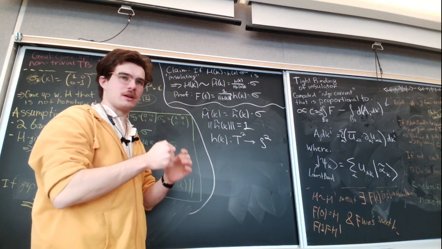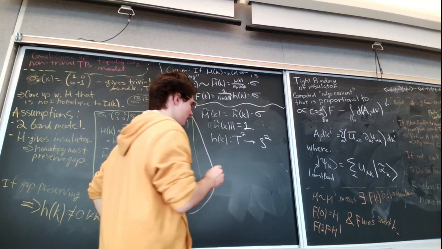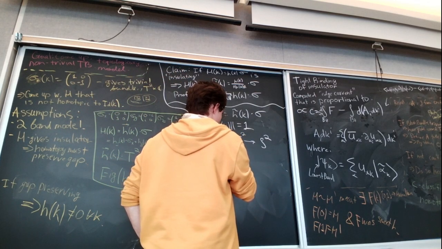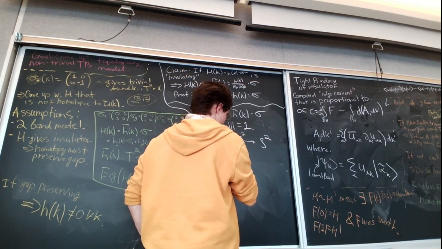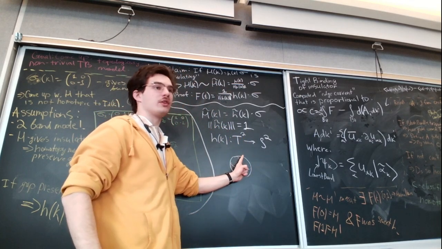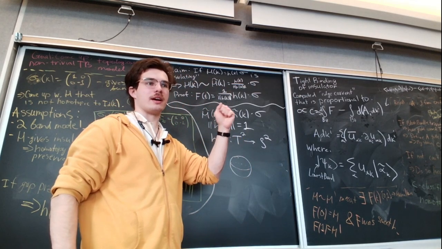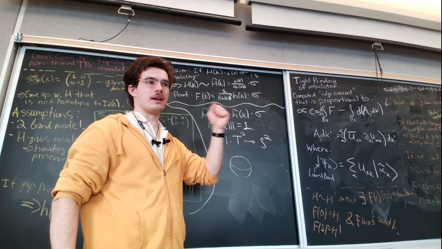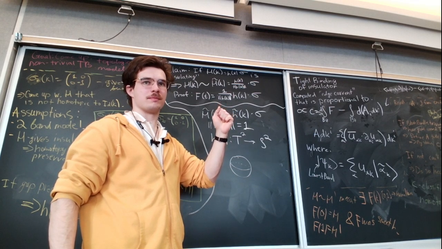Do you agree? So now I can just think of the Riemann sphere, and a point on the Riemann sphere defines my Hamiltonian at the momentum point. Do you agree?